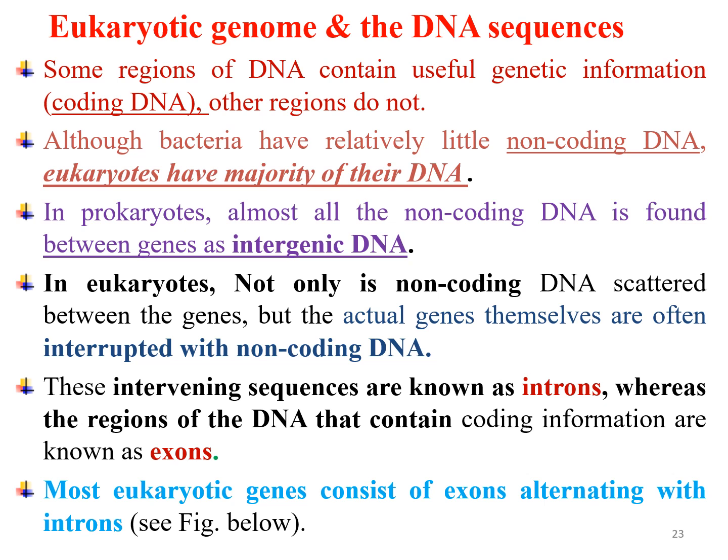So the eukaryotic genome and the DNA sequence. Some regions of the DNA contain useful genetic information, and that genetic information is known as coding DNA, and the other regions do not.